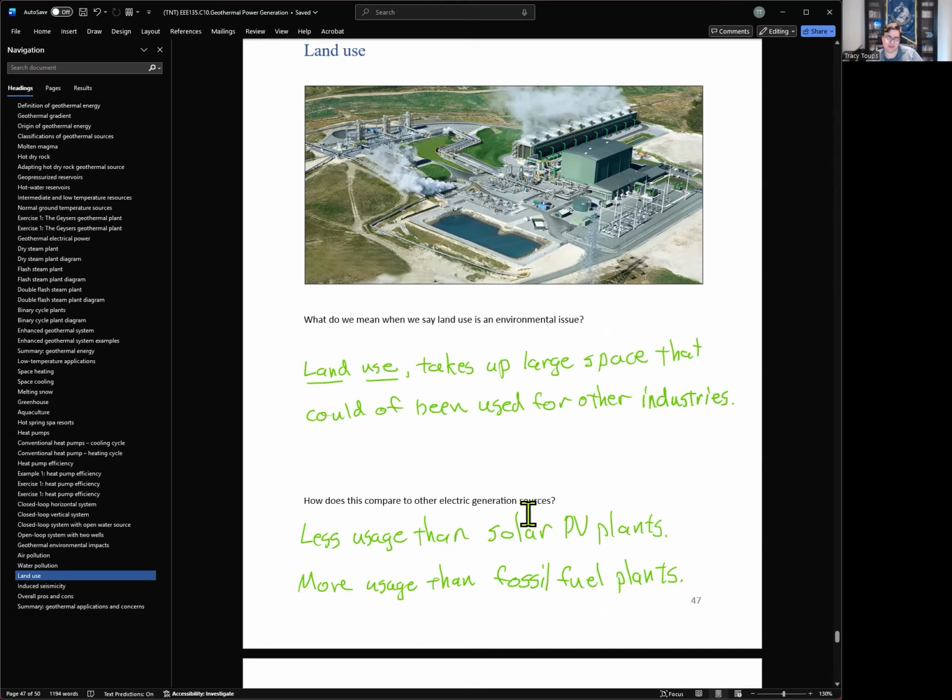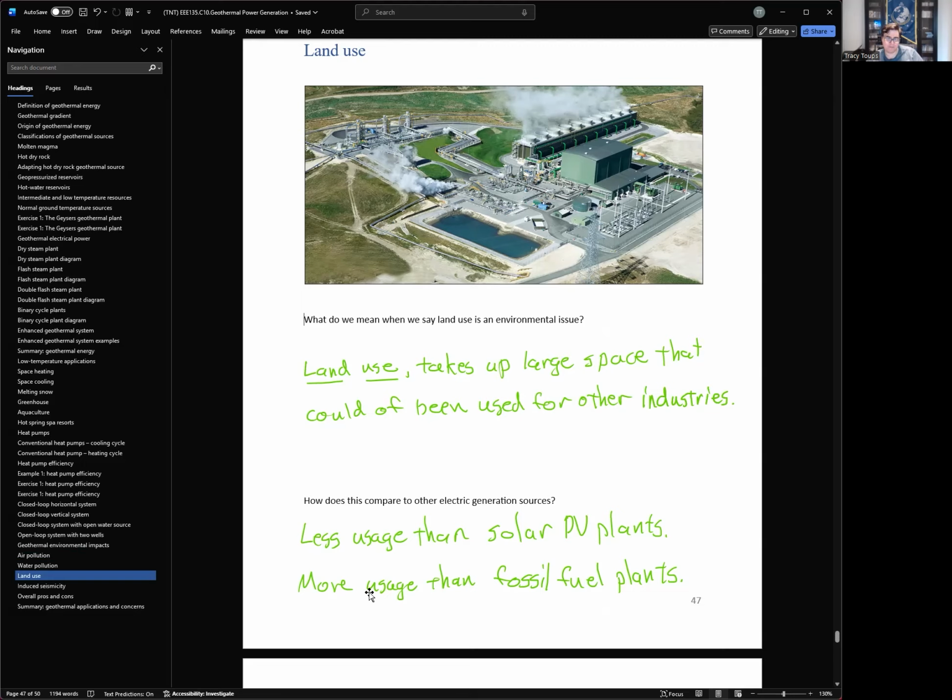Okay. How does this compare to other electric generation sources? Geothermal sites have less land usage than solar PV plants. So let's say this is a 300 megawatt geothermal plant. The PV plant equivalent, a 300 megawatt PV plant, will be 10 or 20 times larger than this land area wise. So it definitely wins over solar.